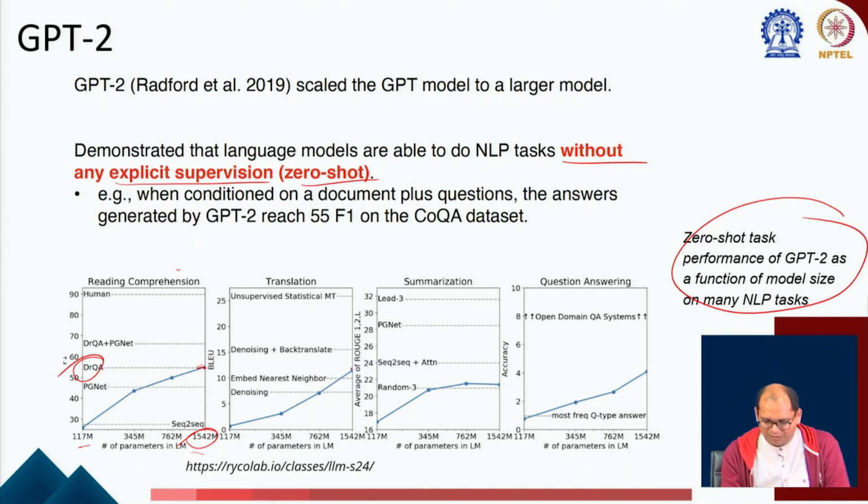On translation, it was able to do better than many models. Again, summarization and question answering keep getting better and better in zero shot. Specifically, they pointed out that it could reach 55 F1 on the CoQA data set just by zero shot performance with a 1.5 billion parameter transformer.